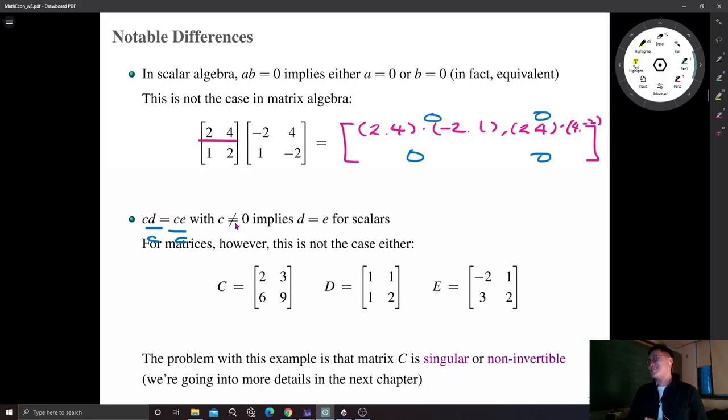But this is not the case for matrices either. Here is one counterexample. We have three matrices C, D, and E, all of them 2 by 2.